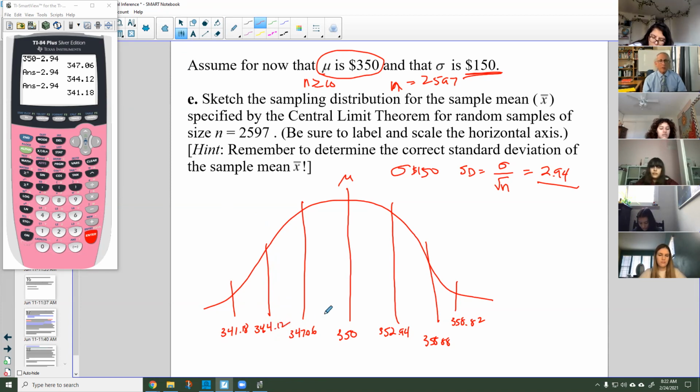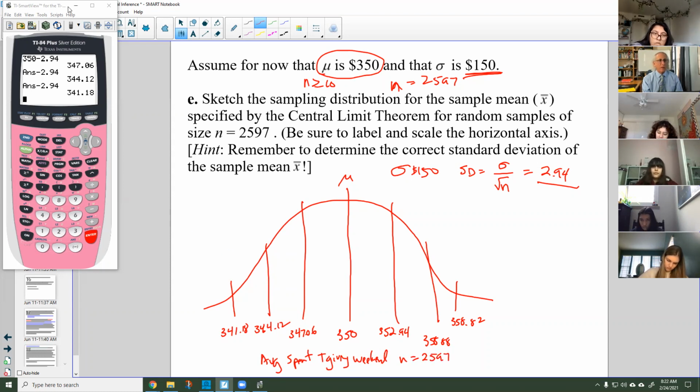44.12. Okay, so there's our diagram, and the x-axis here is the average spent on Thanksgiving weekend, and I'm going to put n equals 2597.